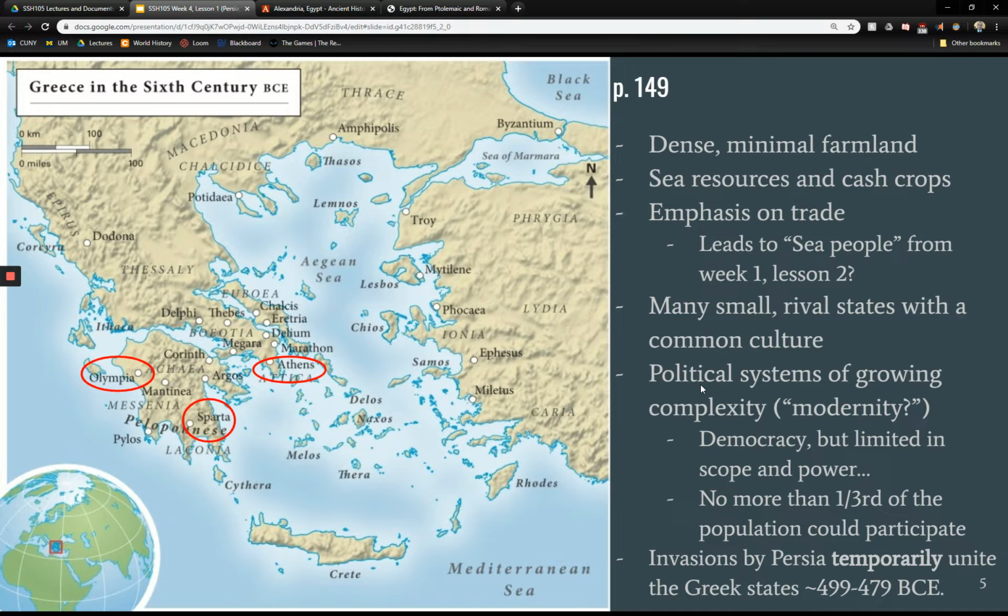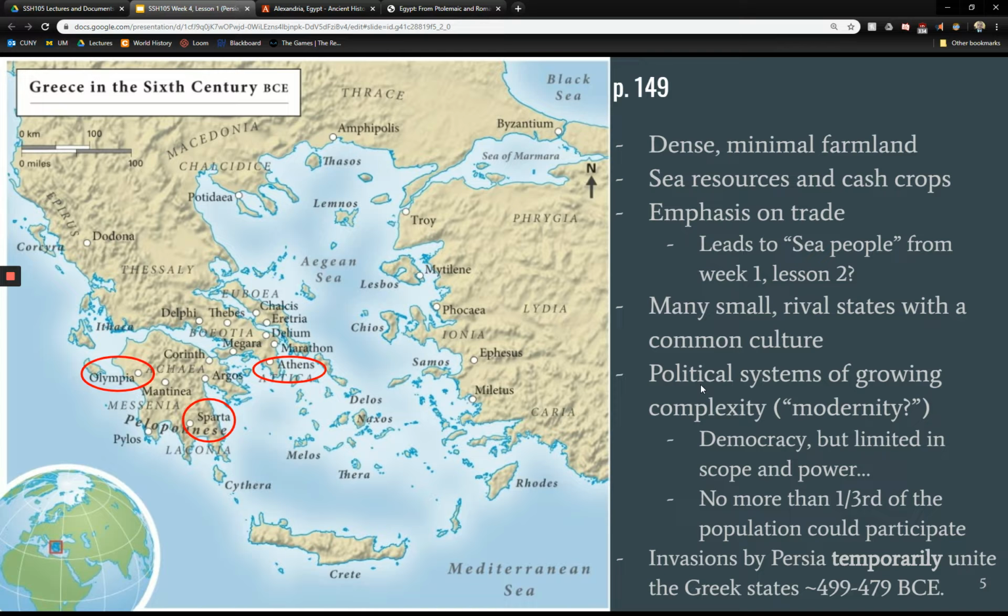Moving towards Greece, in the 6th century BCE, so this is even before the start or around the time of the start of the Persian Empire, we see a number of statelets or small polities, city-states, that are existing in competition with one another quite regularly, but also in some kinds of cultural collaboration.